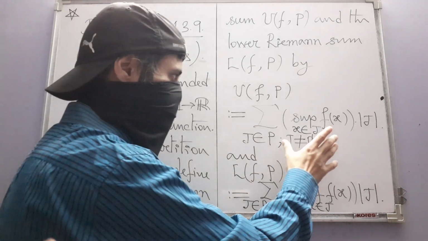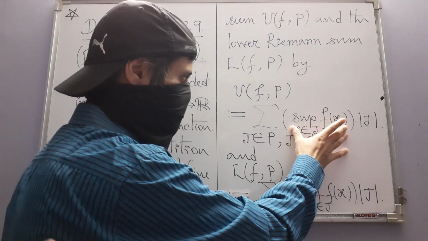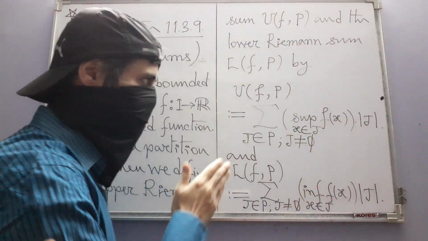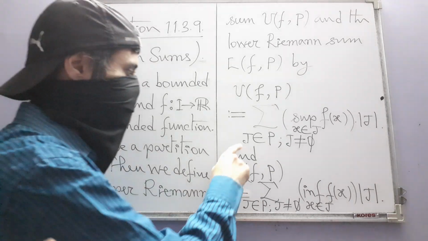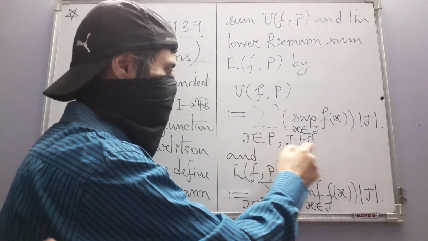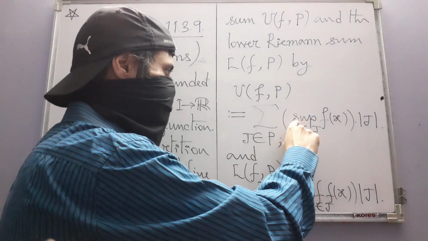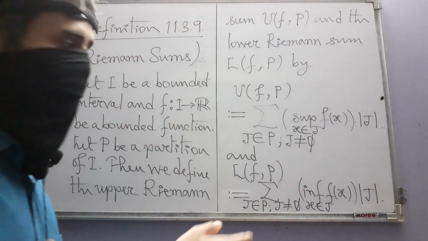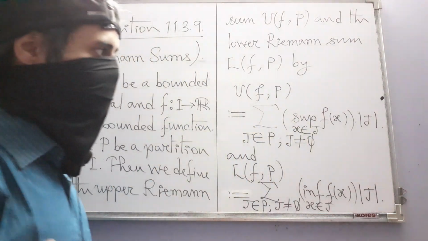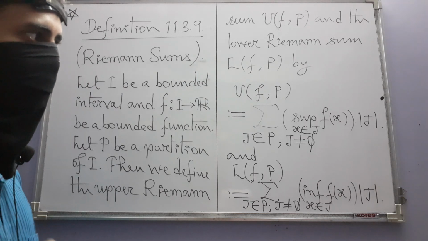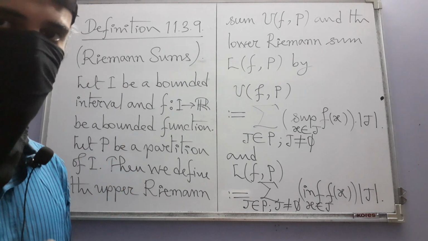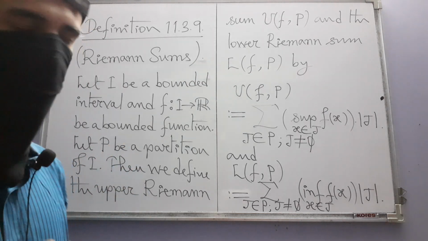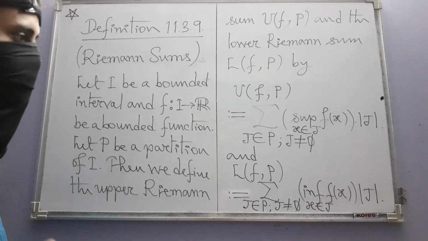However, we still have to be careful with this supremum. So what we are doing in each term, say you choose one j in P which is non-empty. Then you are looking at the supremum of the function values for the inputs coming from j. Will the supremum exist? That is another question, because this is just a supremum, right?